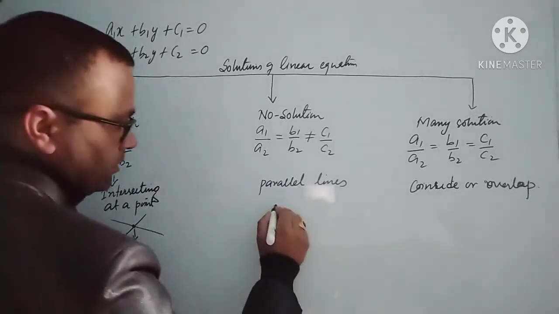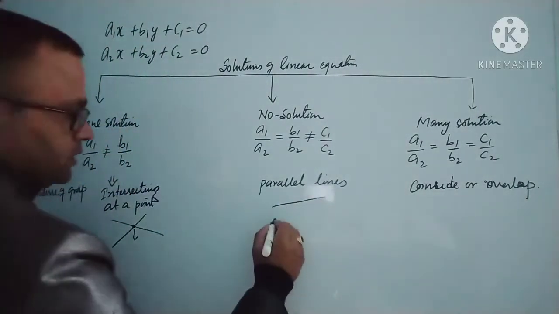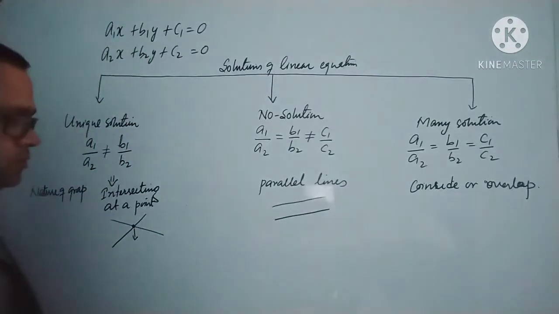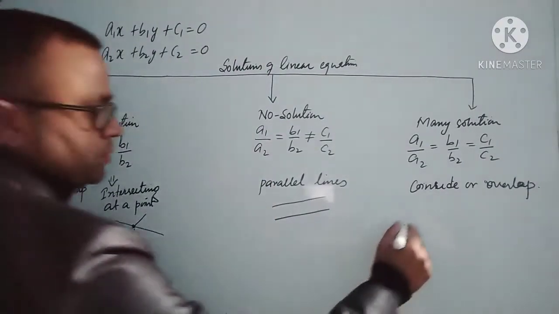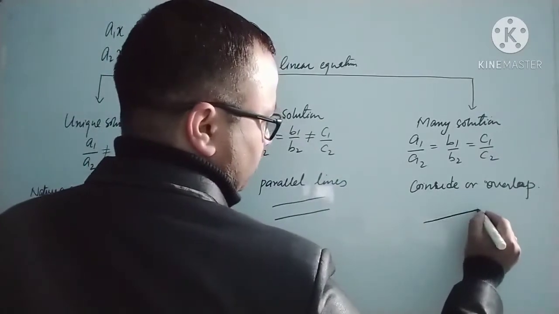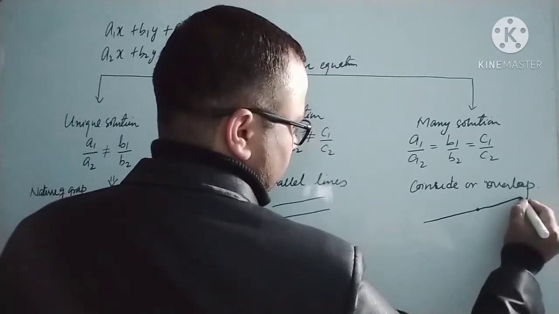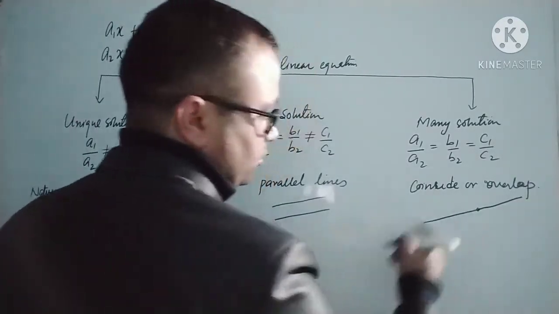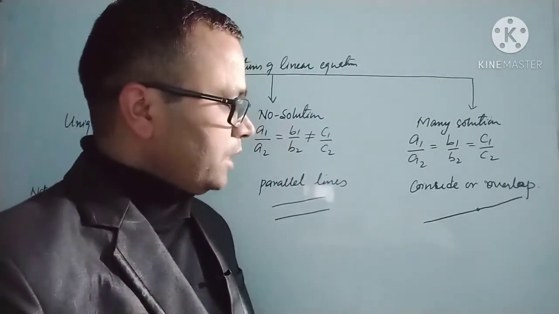In case of parallel, one line is obtained from one equation and the other from the other equation, so in case of no solution the graph will be parallel. For coinciding, one line is obtained from one equation and another line from the other, so in case of many solutions the lines will overlap.